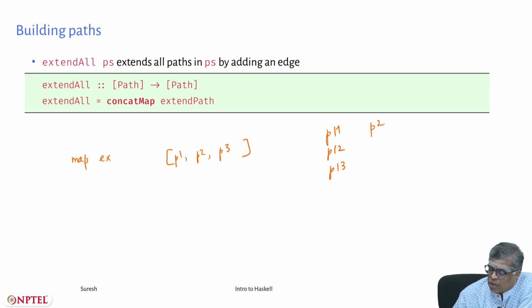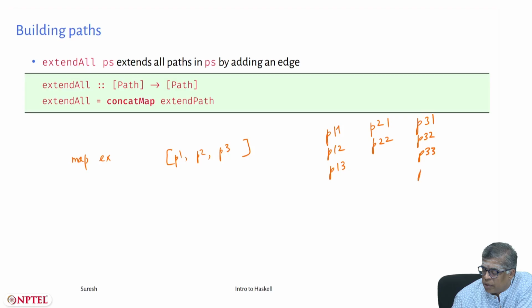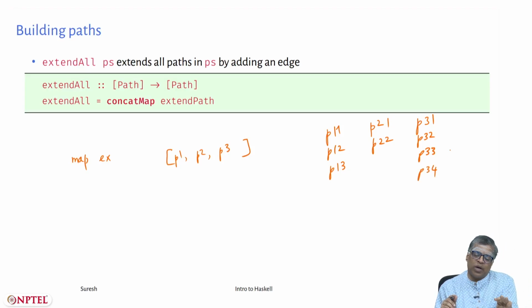Path 2 can be extended to path 2,1, path 2,2. Path 3 can be extended to path 3,1, path 3,2, path 3,3, path 3,4. Let us say there are 3 ways to extend path 1, 2 ways to extend path 2 and 4 ways to extend path 3.